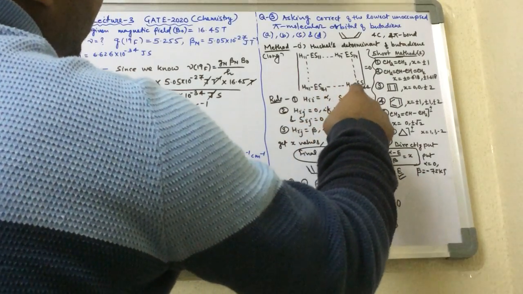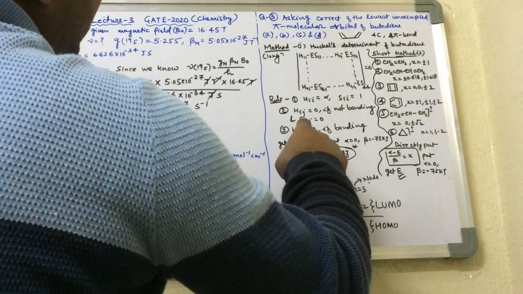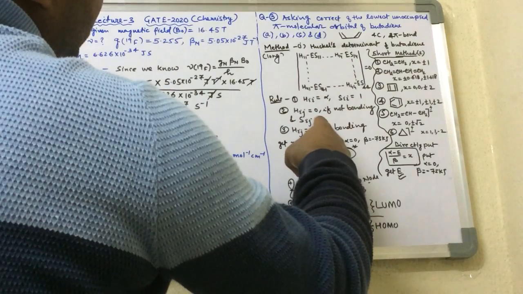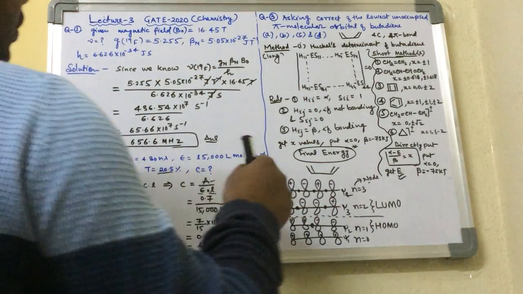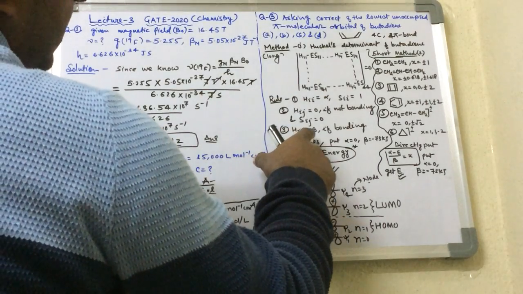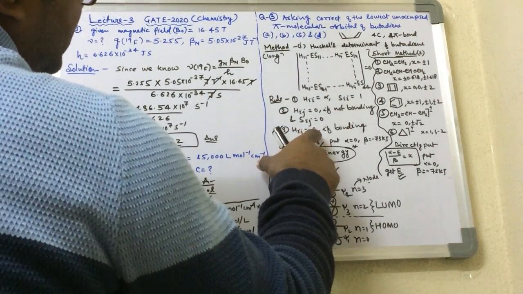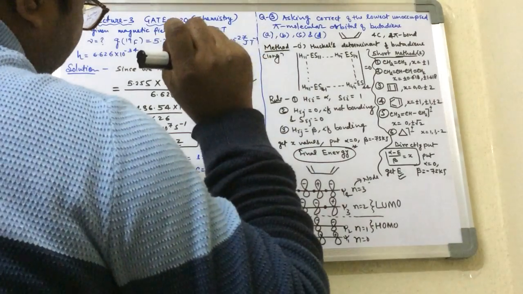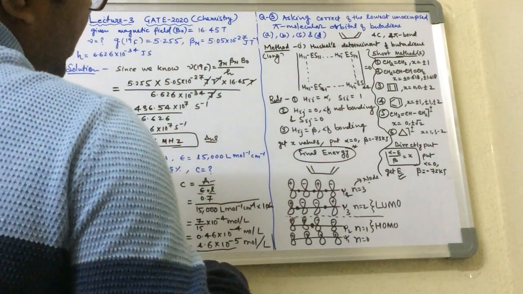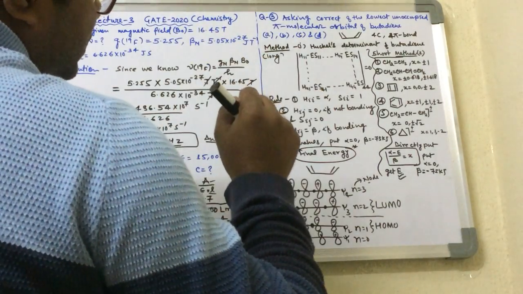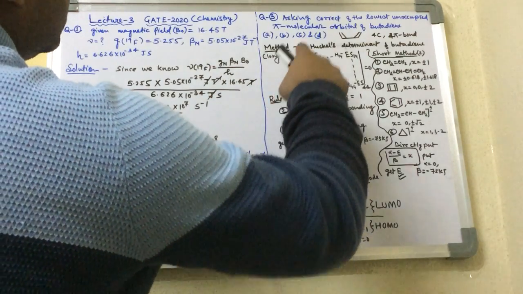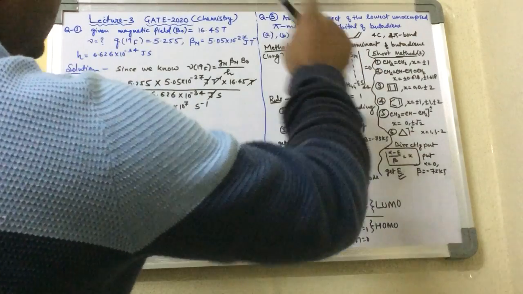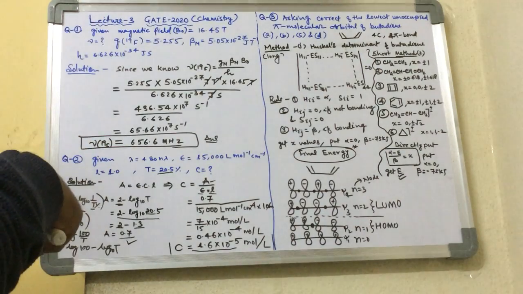For Sij we write 0. And the third rule: Hij is equal to beta if bonding is present. So you have to keep these 3 rules in mind when you follow Huckel's determinant method.